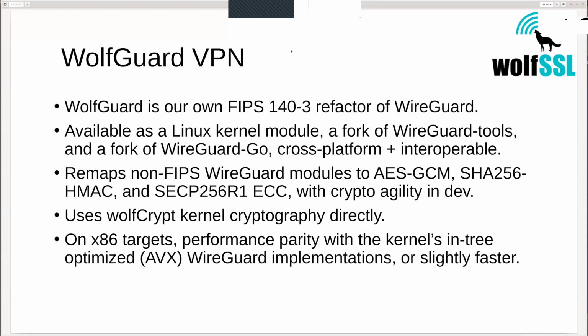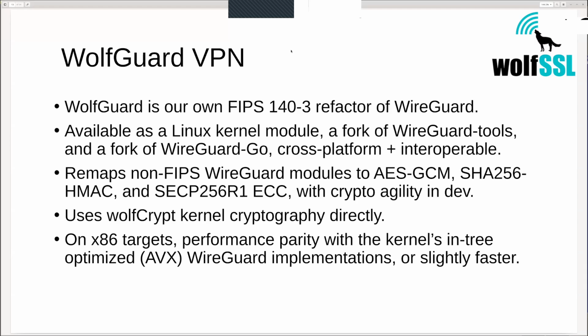And we do have crypto agility, including quantum resistant algorithms, including using ML-KEM under the hood. So we will probably be delivering before the end of the year the ability to use quantum resistant cryptography in WolfGuard. And that is a turnkey quantum resistant VPN implementation.